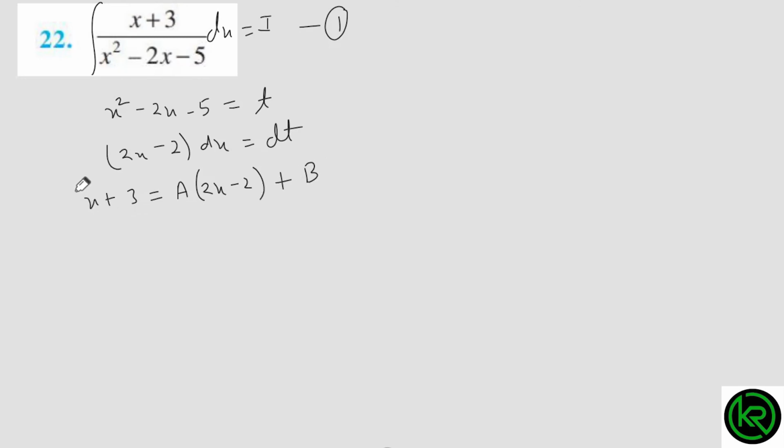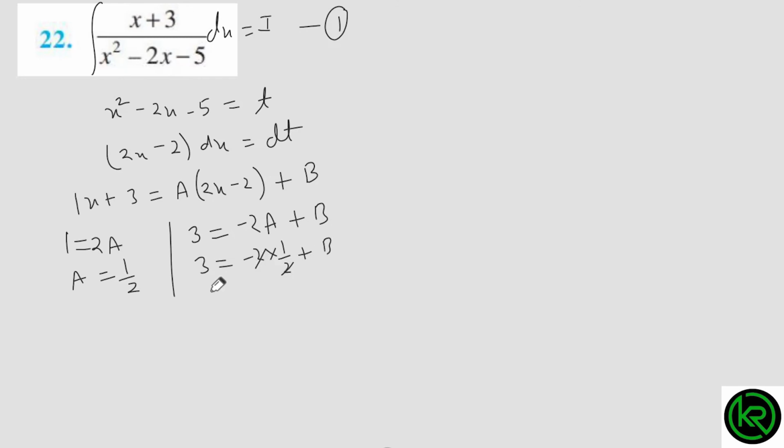Here the x coefficient is 1, so if you equate both sides, the coefficient of x, 1, will be equal to 2a, so a will be equal to 1 by 2. Okay students, and here 3 will be equal to minus 2a plus b, so 3 equals minus 2 multiplied by 1 by 2 plus b, and this will cancel, and b will be 4.